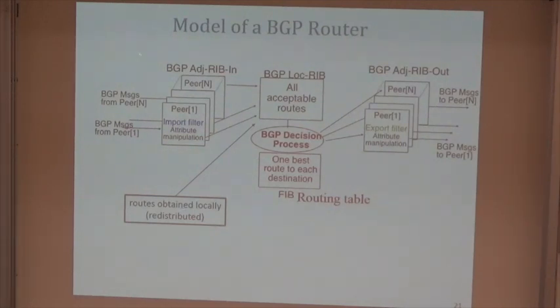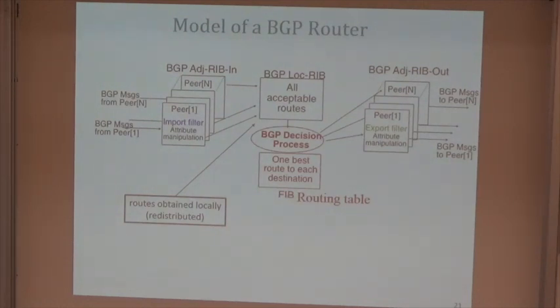But most of the information comes from the other BGP routers, and all information that comes from other BGP routers is stored. It is used by the decision process to keep the best route, but everything that has been received is stored. Why would we do that?